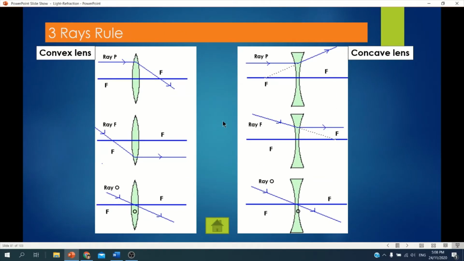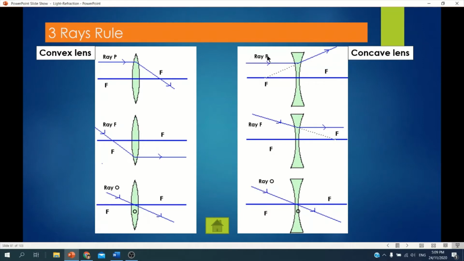Okay, let's look at three rays rule of concave lens. We have already learned three rays rule for convex lens. So now concave lens, I also name these three rays as ray P, ray F, and ray O. So ray P means the incident ray is parallel to the principal axis.